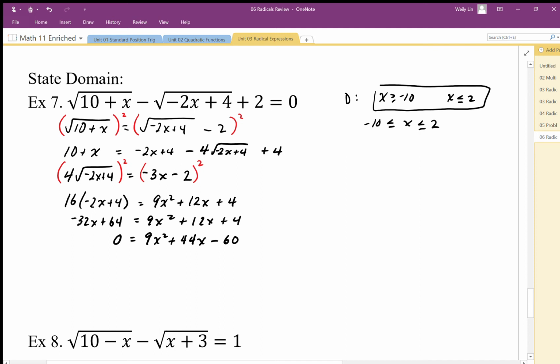This may be factorable. Maybe we should take a quick look and see if it is factorable. I think that's going to be 540. That looks a little bit complicated. I think maybe we'll just use the quadratic formula. Well, those are big numbers. Maybe we should just double check here, because this may not be that hard to factor.